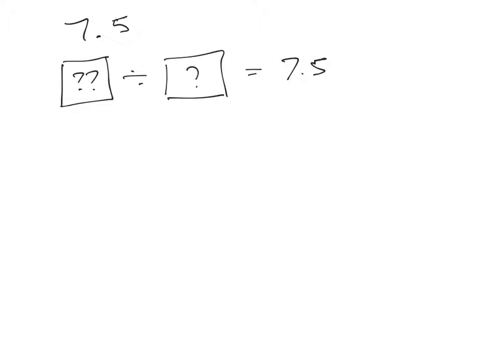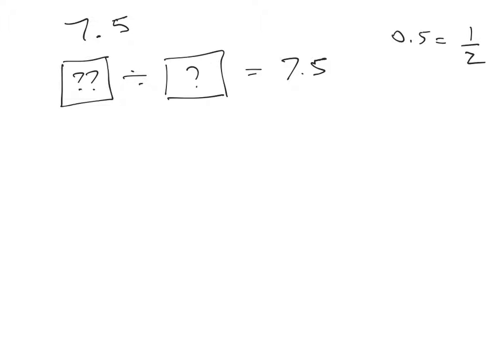But the idea here was to use what we know about fractions and decimals. So I'm going to try and reverse engineer this. What divided by something is going to give me 7.5? Now I know that 0.5 is a half.